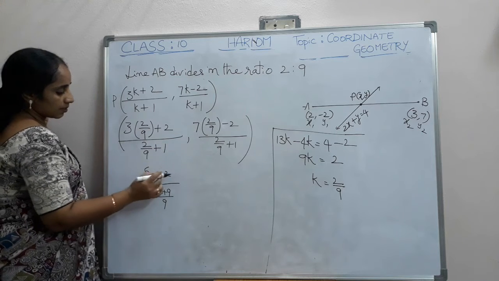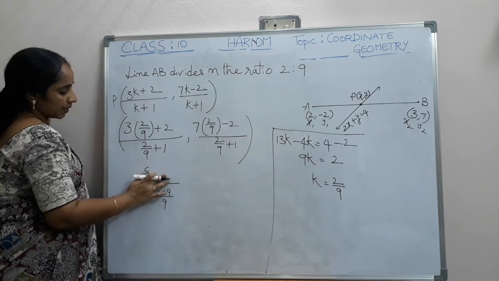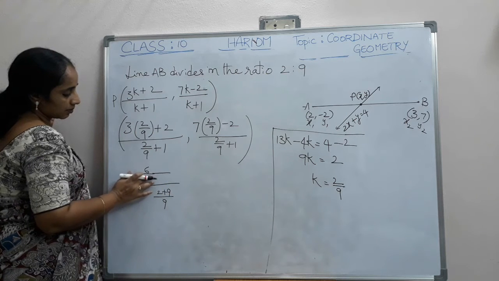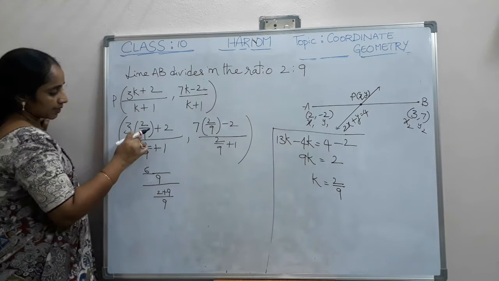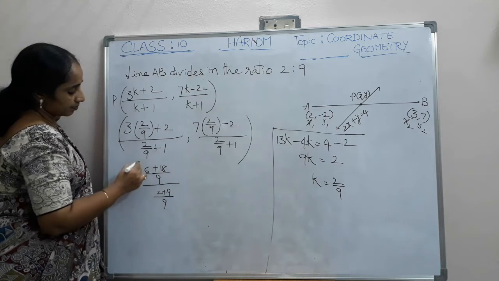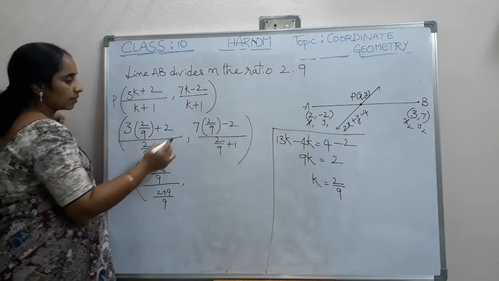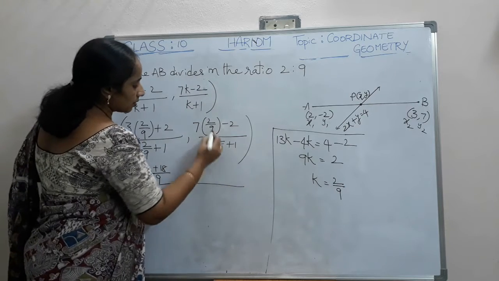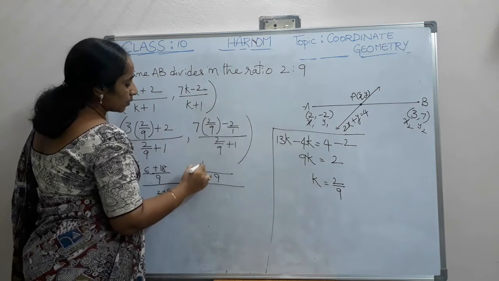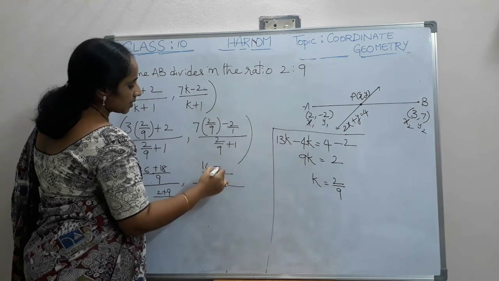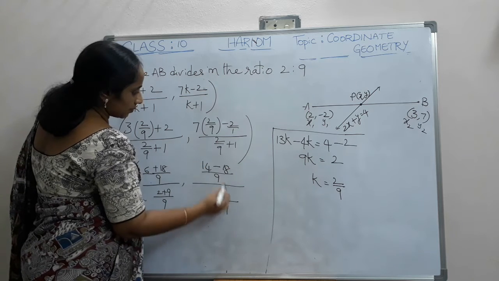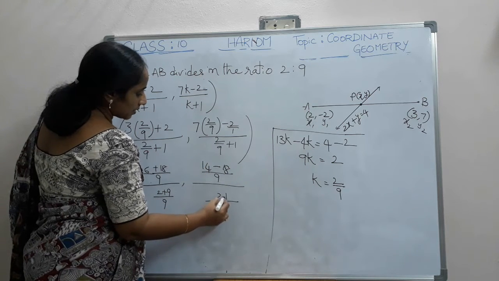Here also take LCM 9: 6 plus 18. Here also LCM 9: 7 twos are 14 minus 18 by 9, LCM, 2 plus 9.